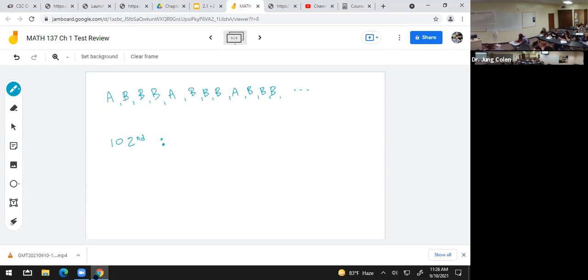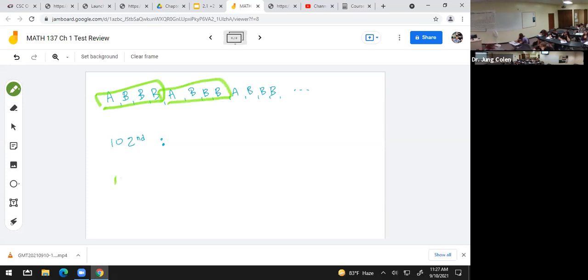How did you know, Levy? Because when you divide 102 by 4, your remainder is going to be 2. Yeah, very good. So we can see that we're gonna group these as 4 because this is repeating, right? So we know that we can divide this by 4. And let's see.